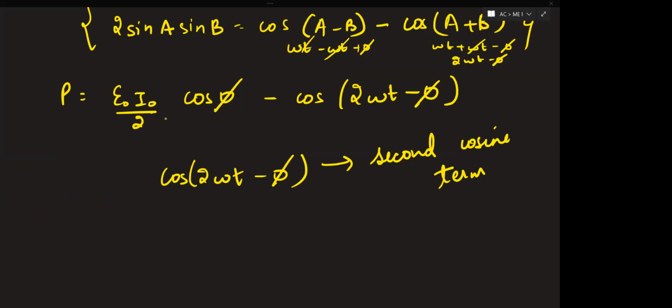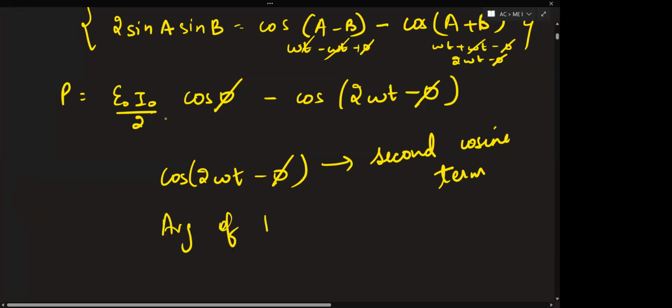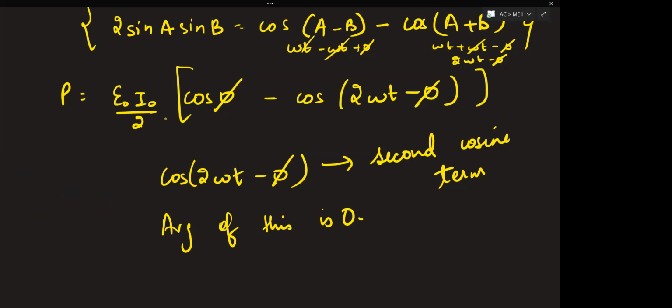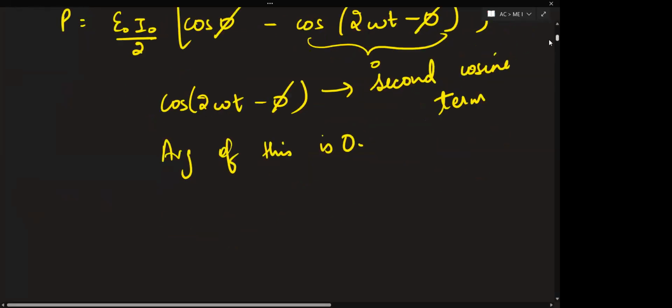So whenever you take the average of the second cosine term, the average is 0. It means this entire term has been deleted for us. Within this bracket, this part will be 0 because it is the second cosine term. So what are you left with? You are simply left with power is equal to E naught I naught by 2 cos phi, right?